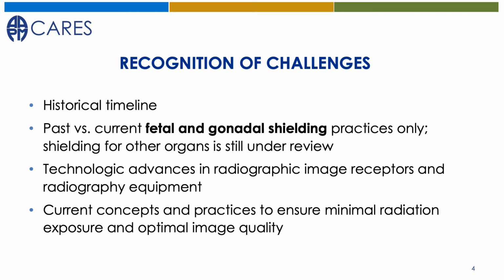The previous modules have provided an historical timeline and discussion of tissue weighting factors and concerns regarding radiation exposure to the fetus and gonads. In addition, the previous modules have also presented information regarding shielding practices and other technologic improvements in imaging receptors and radiologic imaging equipment which have been implemented over the past 30 years to reduce patient dose while optimizing image quality.